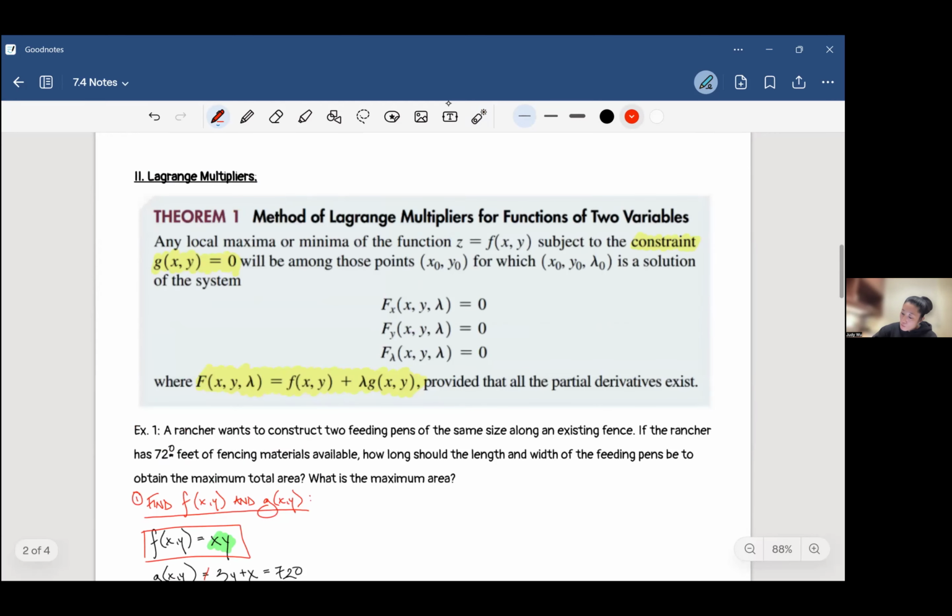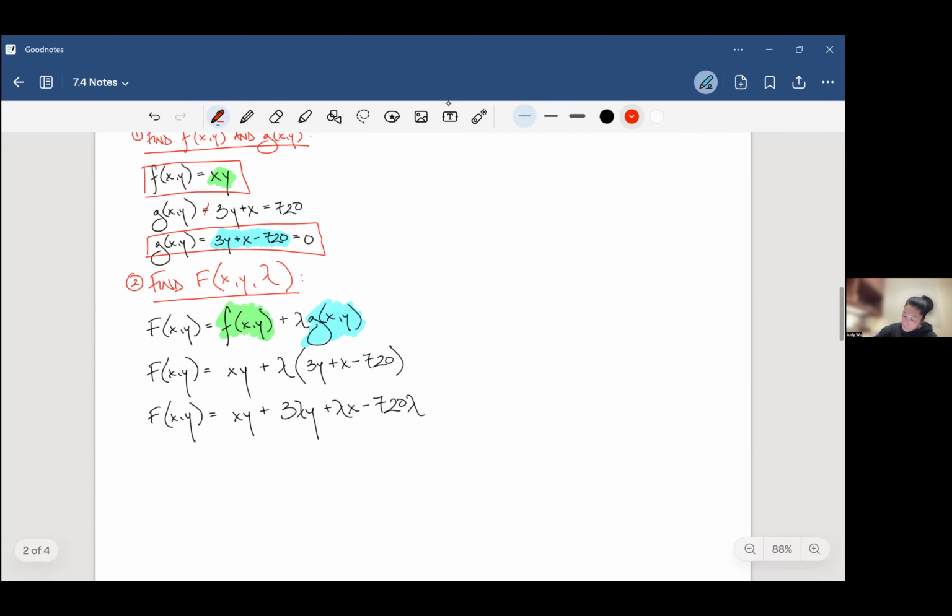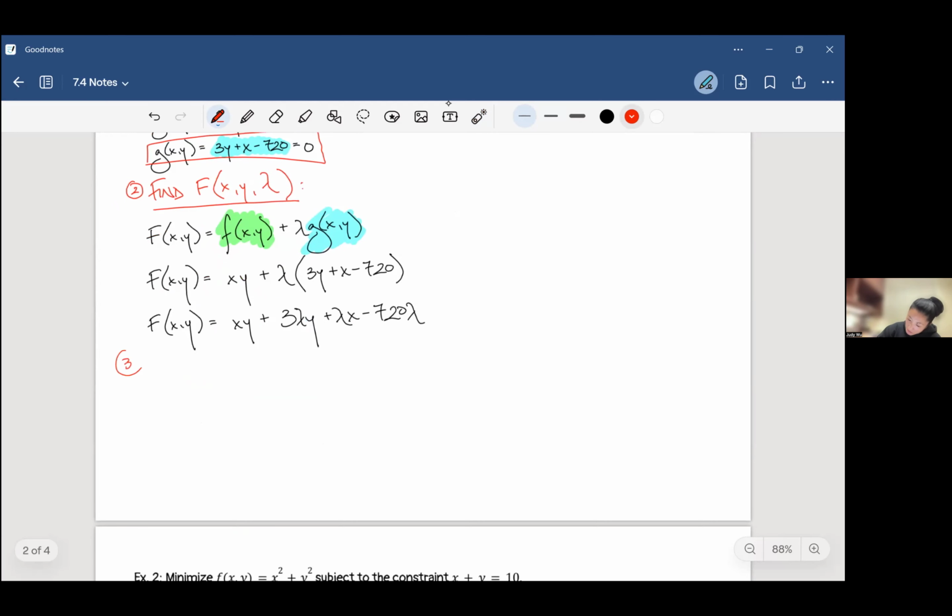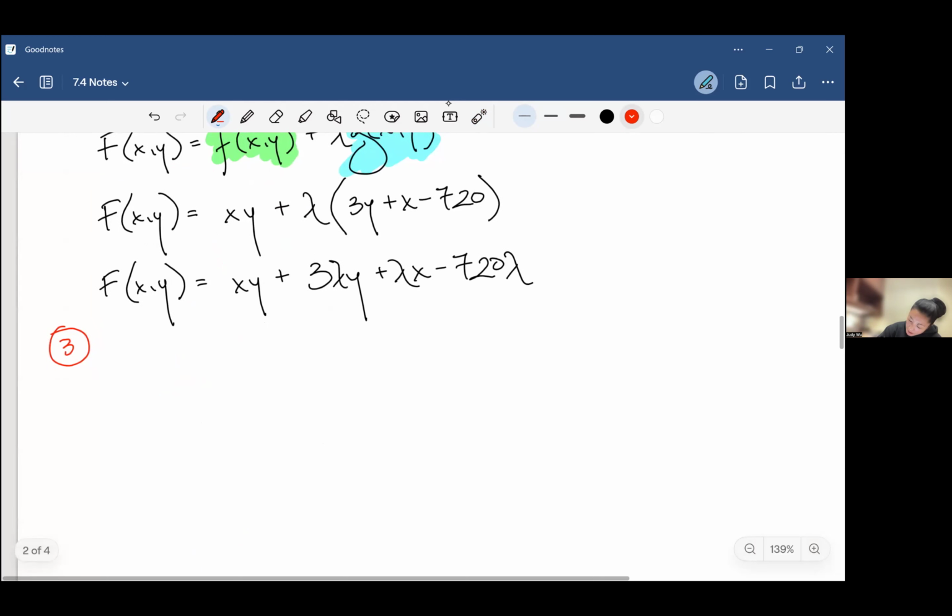So we want to find fx, fy, and f lambda, and we're going to set those all equal to 0. So step 3, we're going to find fx, fy, and f lambda.